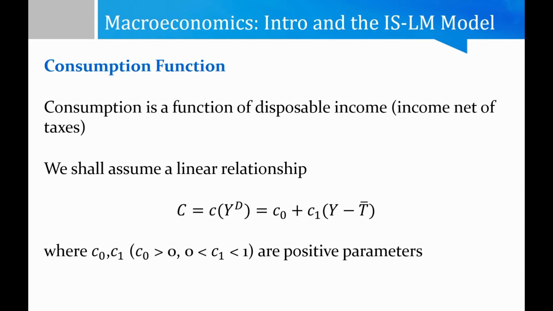The consumption function shows that as disposable income increases, the consumption expenditure of the household will also increase. And even if the disposable income is zero, still the consumption is positive, which is equal to the value of C sub O. That's why it is called autonomous consumption. So it is a consumption that is not dependent on income or disposable income.